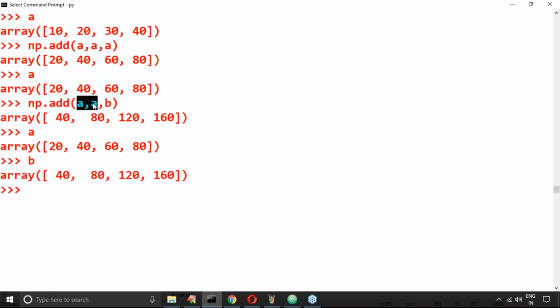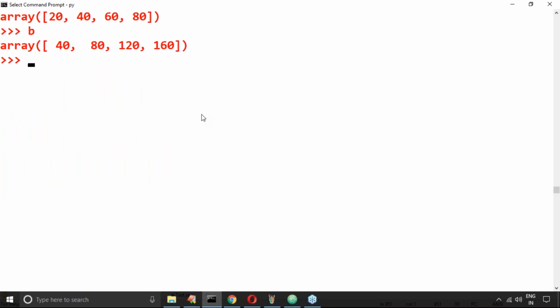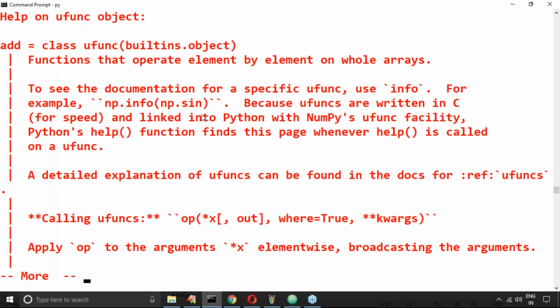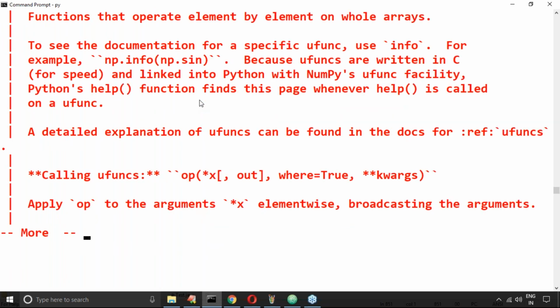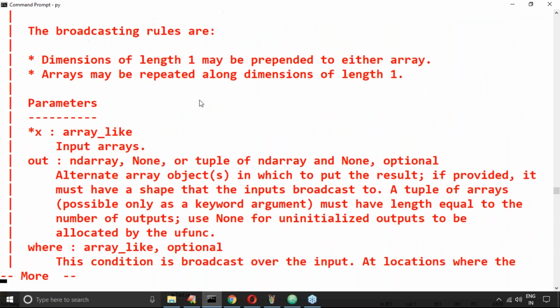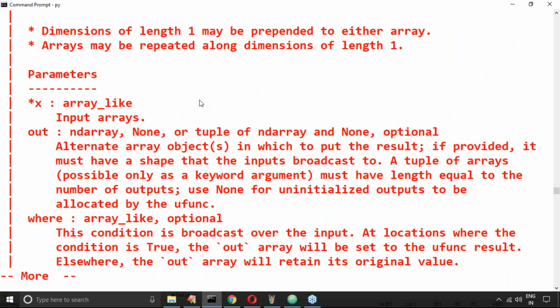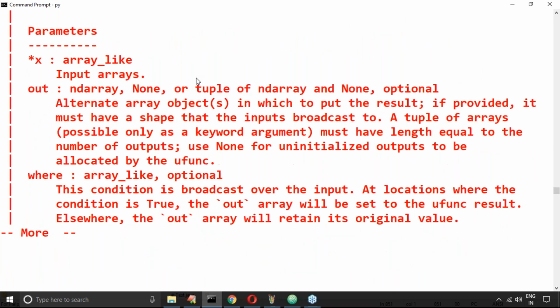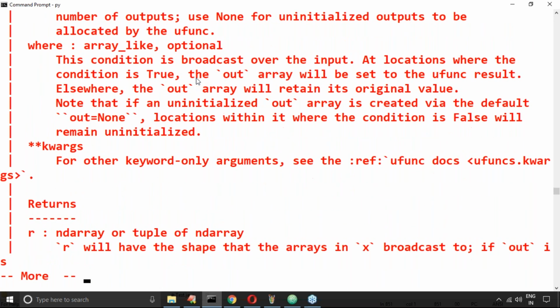A plus A is going to happen, and then B. One minute. Our powerful documentation is already there, right? Here internally broadcasting is going to happen, it seems. Okay, that part I will take care of.